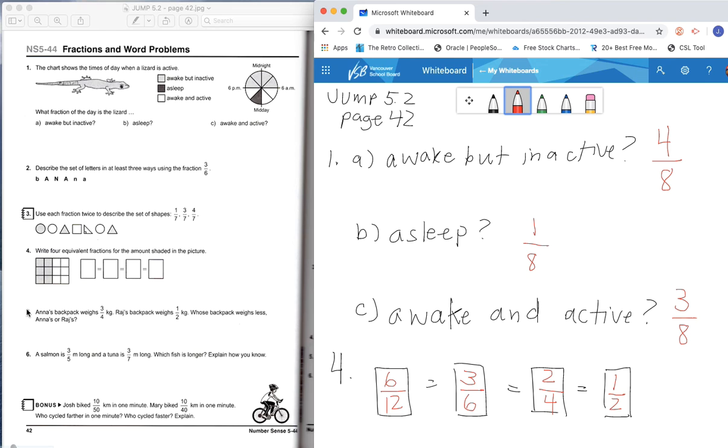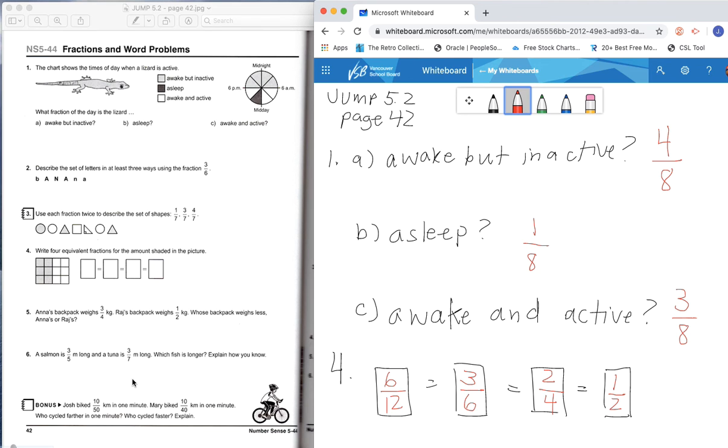Okay. Number 5, Anna's backpack weighs 3/4 kilogram. Raj's backpack weighs a half kilogram. Whose backpack weighs less, Anna's or Raj's? So you need to look for equivalent fractions. So that means you will have to change the denominator of 2 to the same as 4.